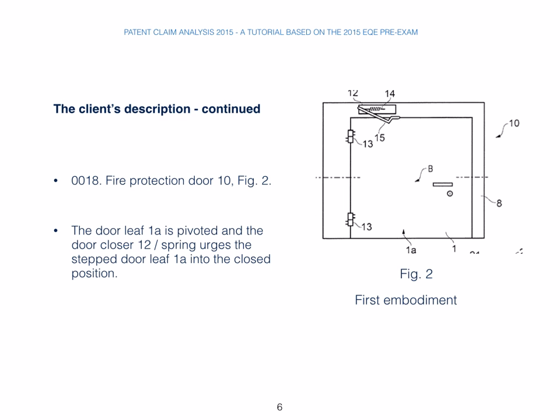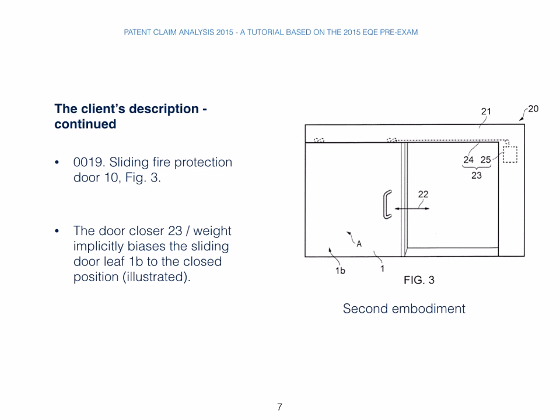And then we'll turn over to figure 3, which is the second embodiment of a sliding fire protection door that you can see from the arrow 22. And paragraph 19 says roughly that the door closer 23, which is a weight, biases the sliding door leaf 1B to the closed position, which is illustrated. There again, biasing the door to the closed position seems to be important for fire protection doors.